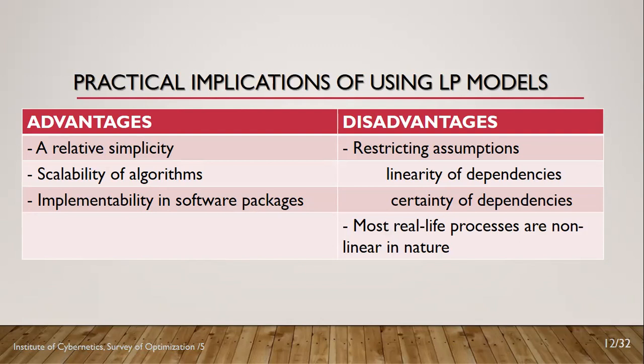This scalability of the state-of-the-art algorithms for LP is what makes it one of the most attractive optimization-based tools in the real world. So the relative simplicity of these models, the scalability of the algorithms, and therefore implementability in software packages represent the main advantages of LP.